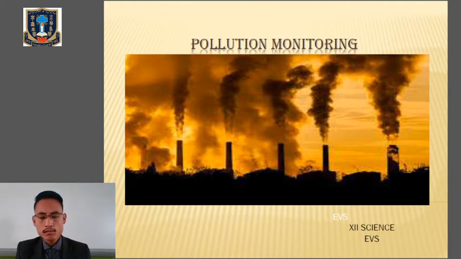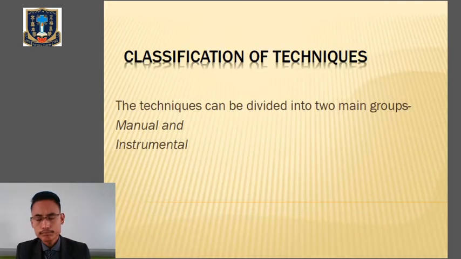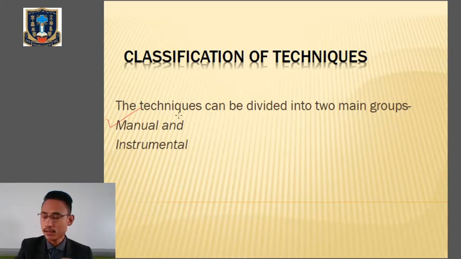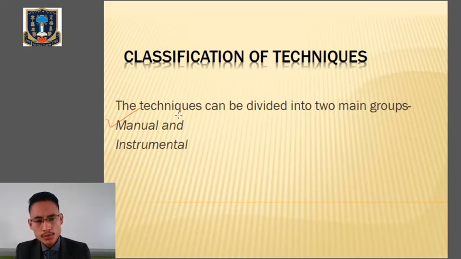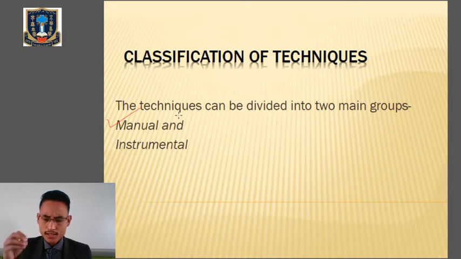In the last class we learned about the two groups or techniques which we can use to analyze the ambient air sampling. The first one we learned was the manual technique, which was user friendly and does not need electricity. Since it is easy to use, it can be used in multiple locations.